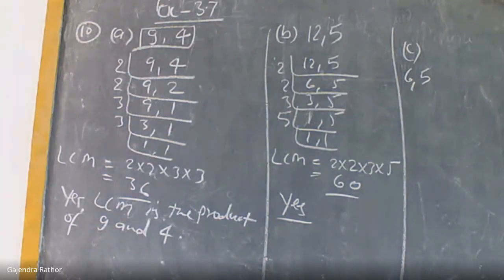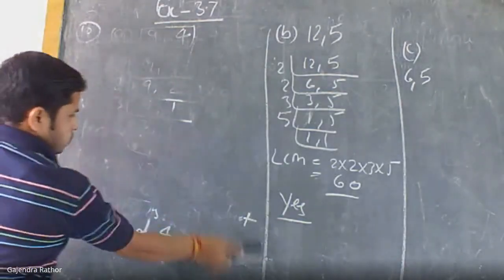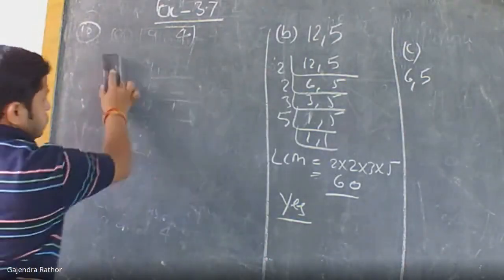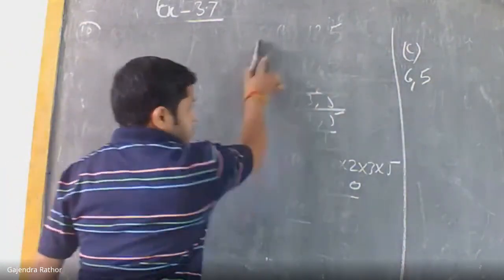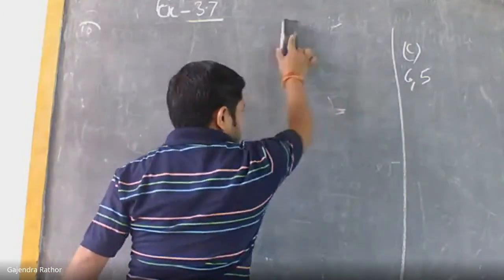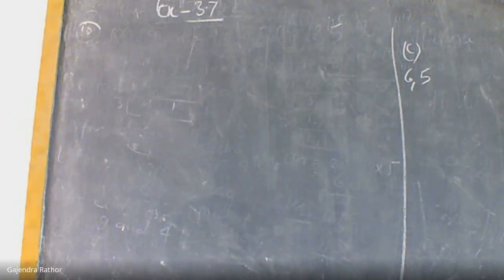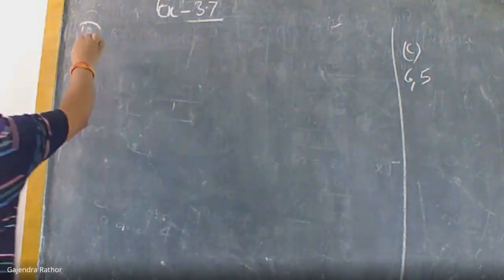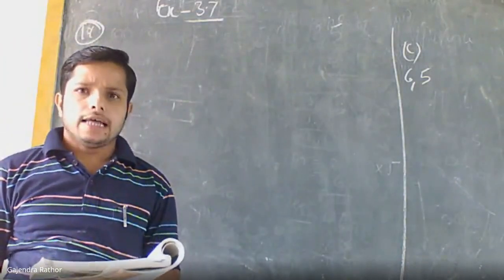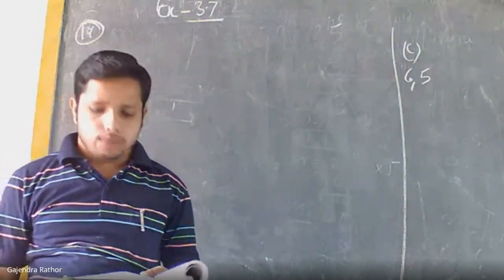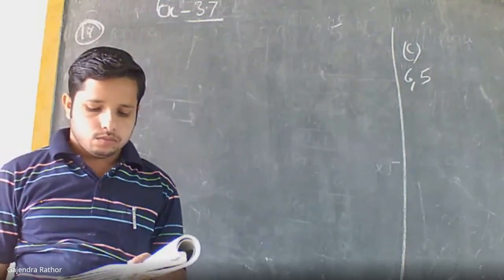Okay. So let's continue with the next question, the 11th question. Question number 11. Find the LCM of the following numbers in which one number is a factor of the other.